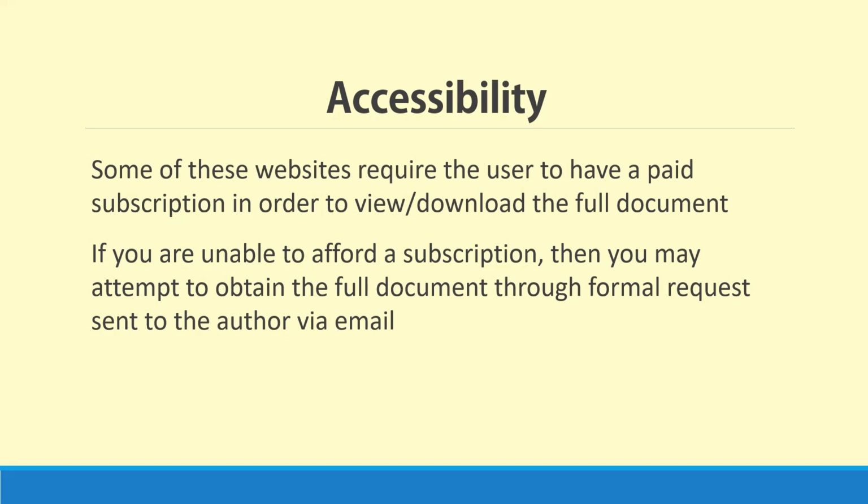And you can send an official request through an email to the author or authors. So if they decide to share the paper with you, they will do so. So that's another way of obtaining access to view the full content of the paper.